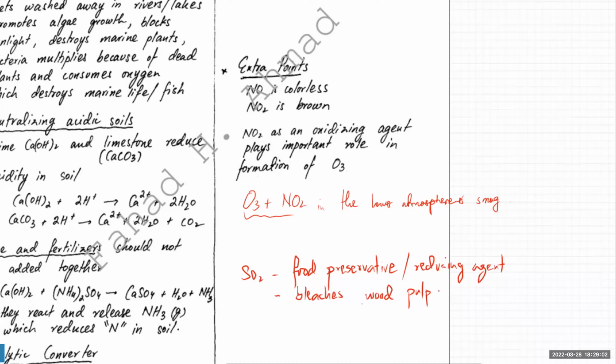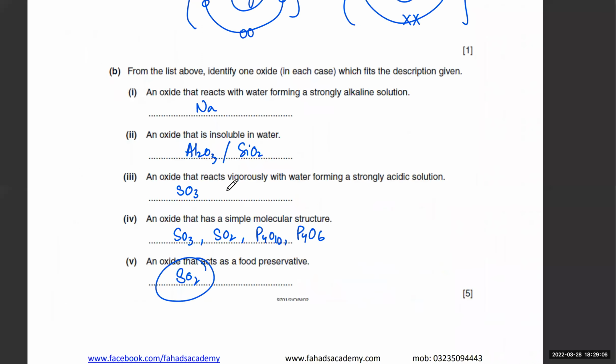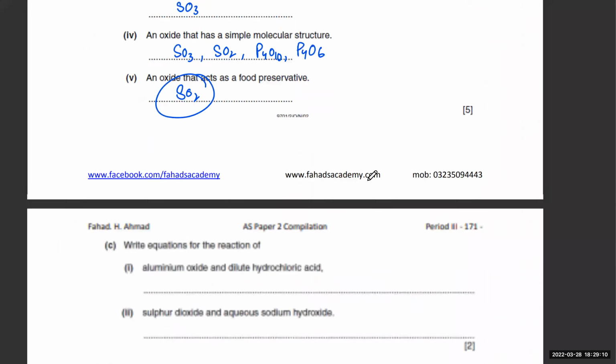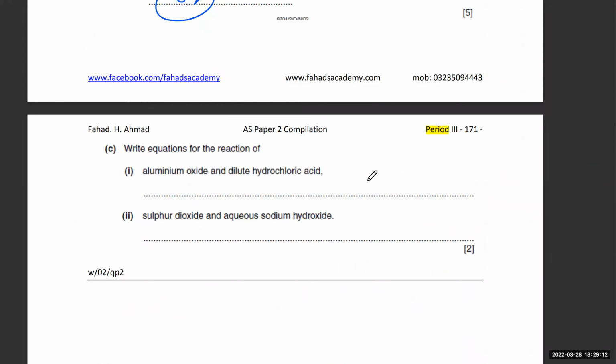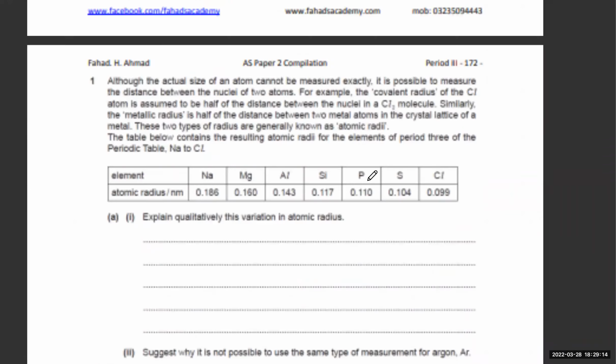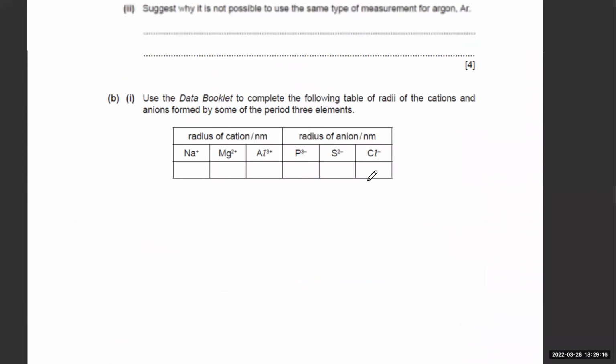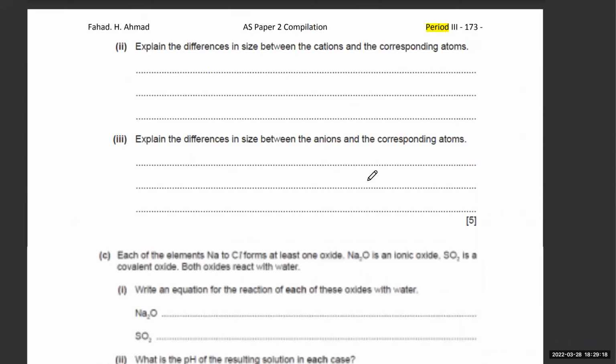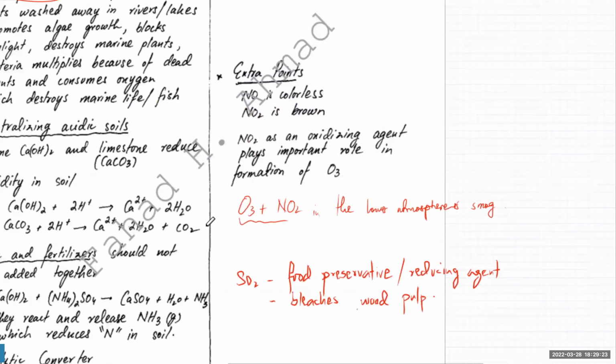Okay, that's done for this. And we're going to try and do group 17 tomorrow then. We've done a lot of the questions on this. Just remember most of it, go through this worksheet, and most of the questions are going to be very similar. It's just this one and a half pages about period 3 that has to be memorized.